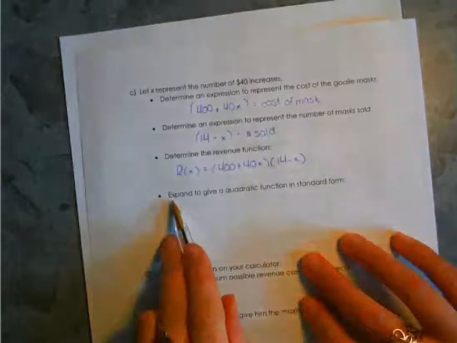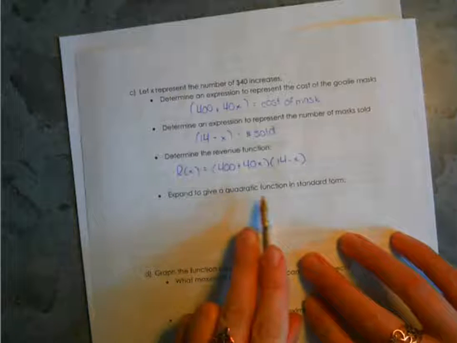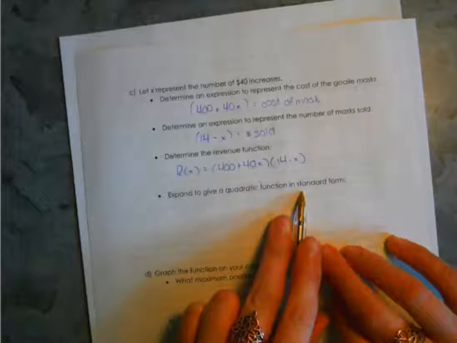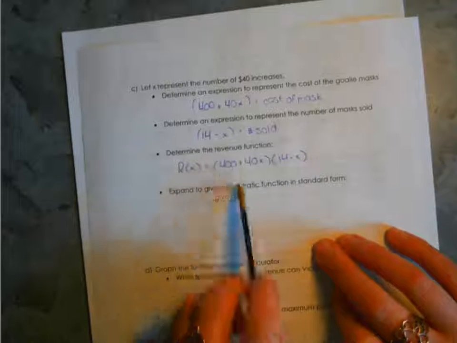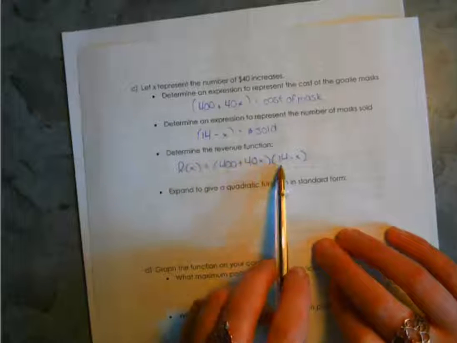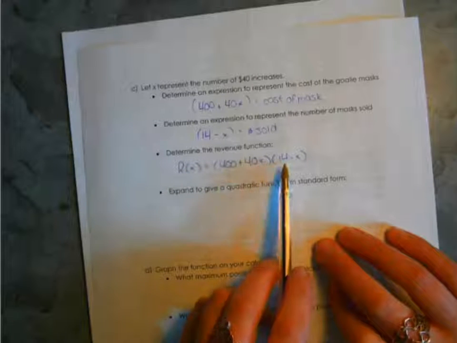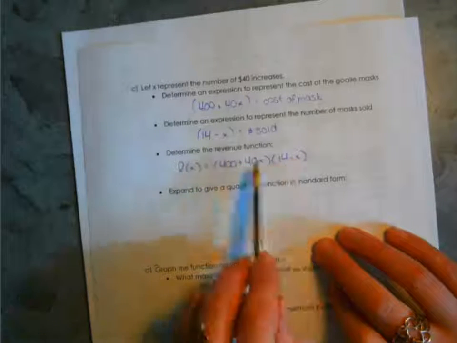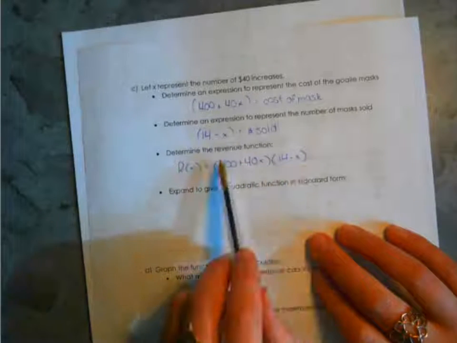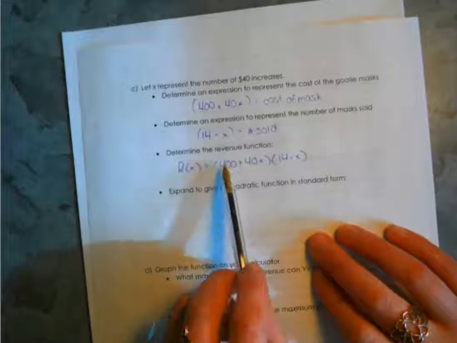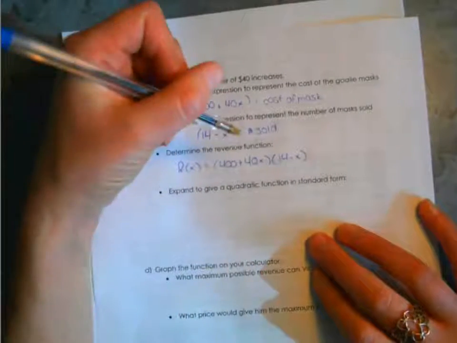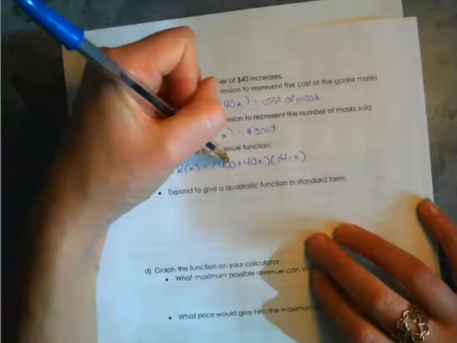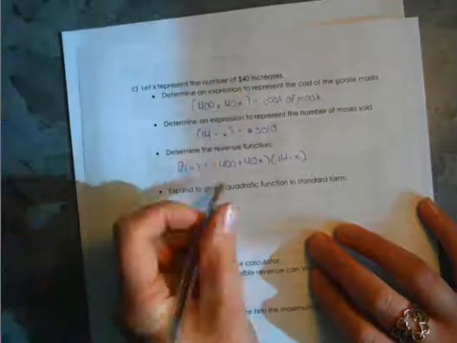And then it asks us to expand it to give a quadratic function in standard form. So this is where you have to remember a little bit back to your previous schooling. You might have heard of the term FOIL. I'm not sure if people use that anymore. But basically when you're multiplying sets of brackets, you need to make sure that everything inside of the brackets has been multiplied by each other. So the easiest way to do that is to do it really methodically and start out with the first, right?